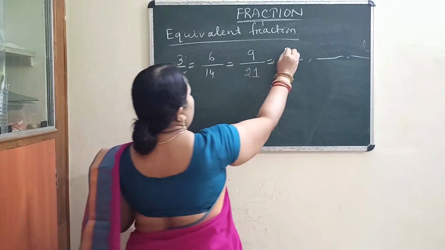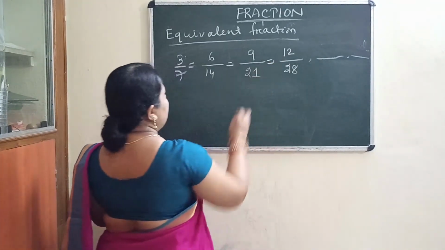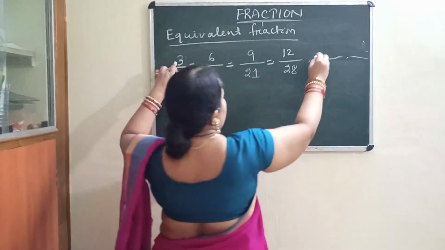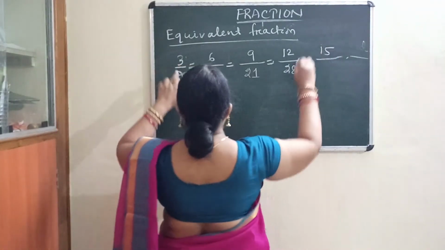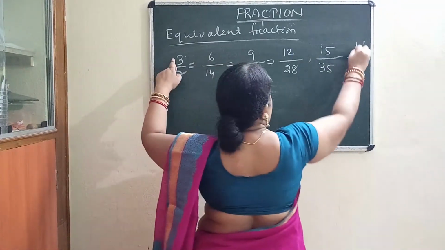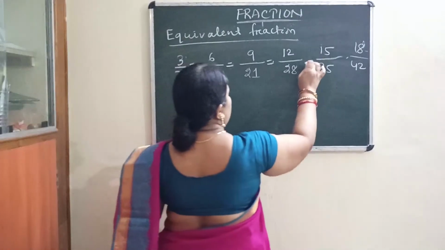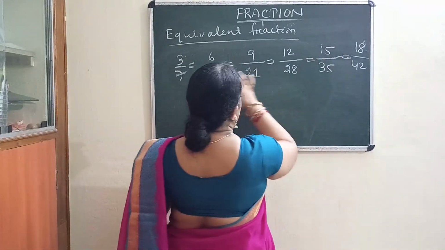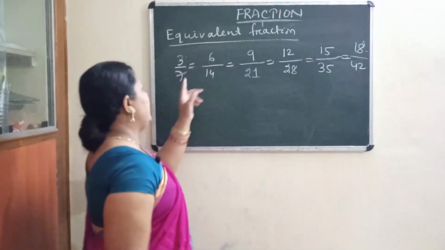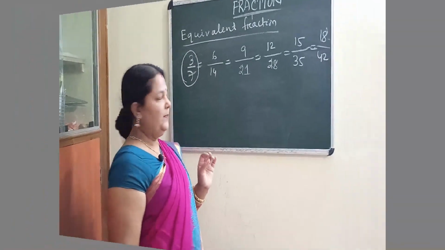Then 3 4s are 12, 7 4s are 28. Then 3 5s are 15, 7 5s are 35. Then 3 6s are 18, 7 6s are 42. Okay. All the fractions are equivalent fractions of our given fraction 3 by 7.